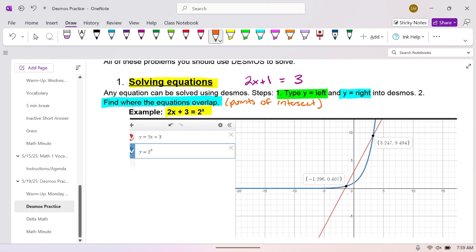Now, since you're dealing with the point of intersect, the point that you want to use is the x value. Why do you think you guys want to use the x value if you're solving equations as your answer? What are we typically solving for when we solve an equation?